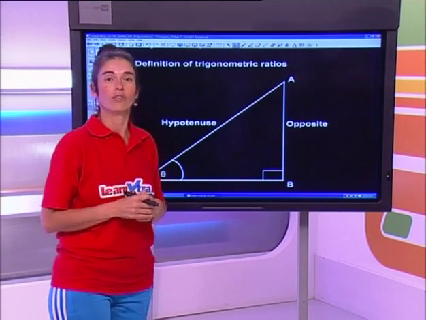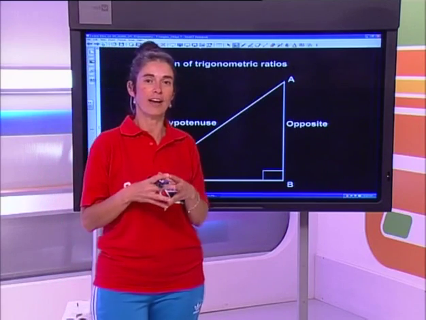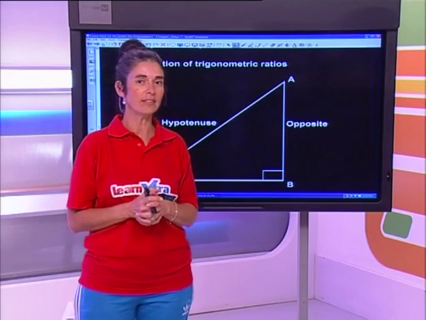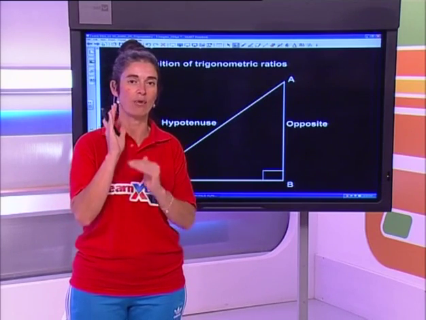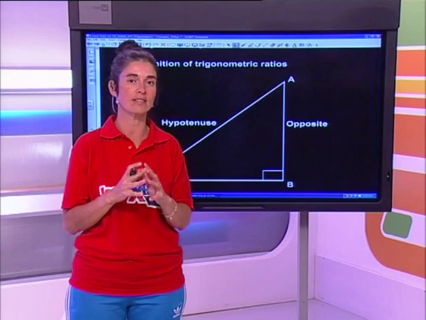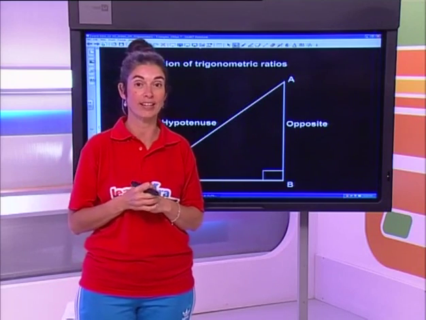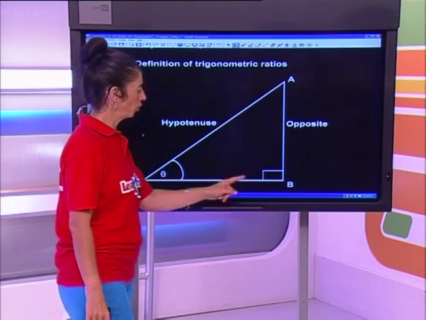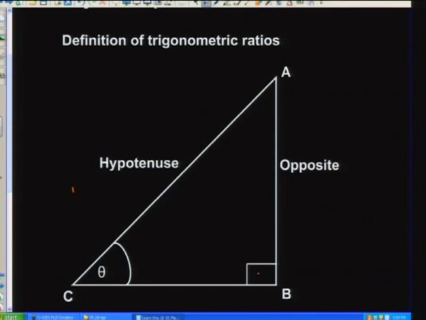Now, the trig ratios are really defined by using a right angle triangle. So without having established a right angle triangle in any of the figures, these trig ratios would actually not exist. So it's very important that when we look at our diagram, we're working with a right angle triangle.